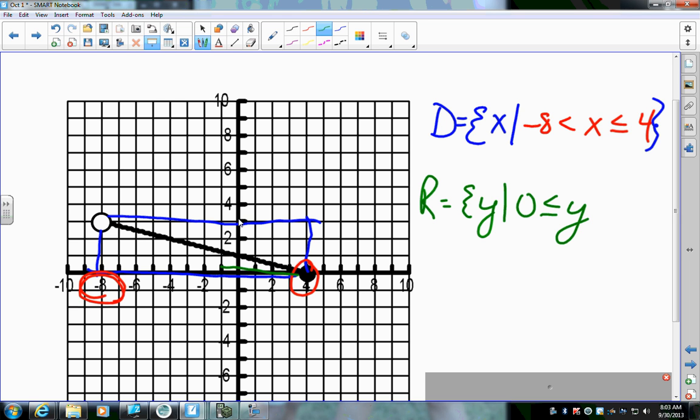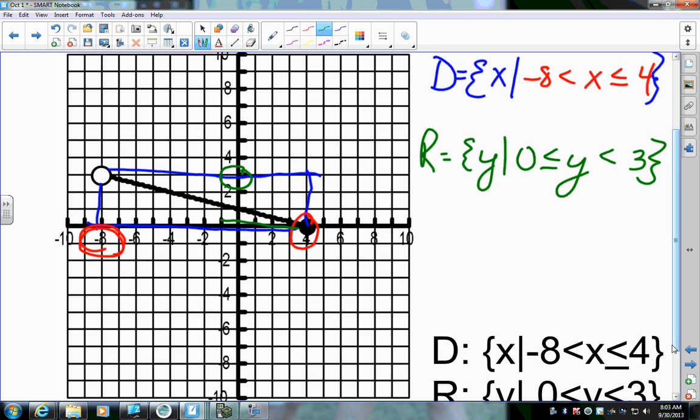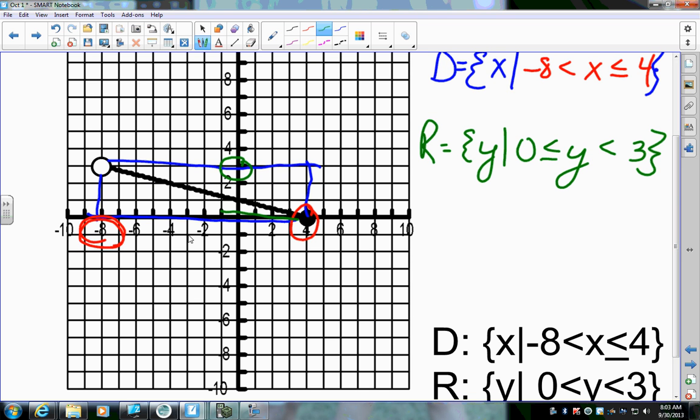And what does it go up to? Up to 3. It's an open circle, so it's just that less than sign right there. And there's my symbol.